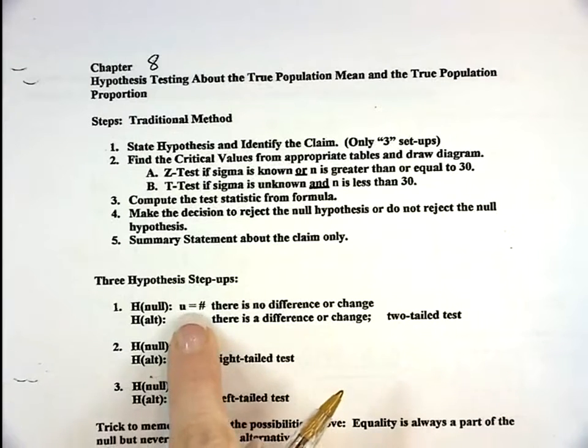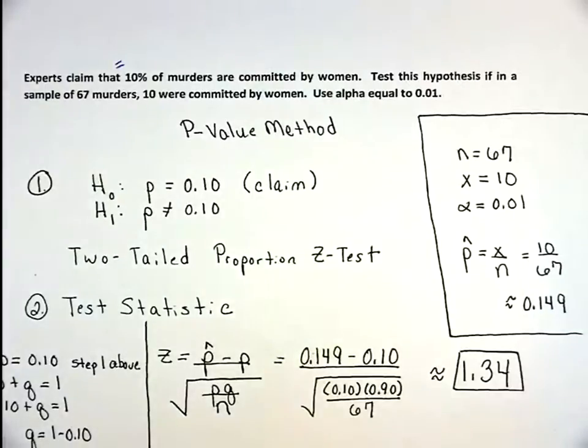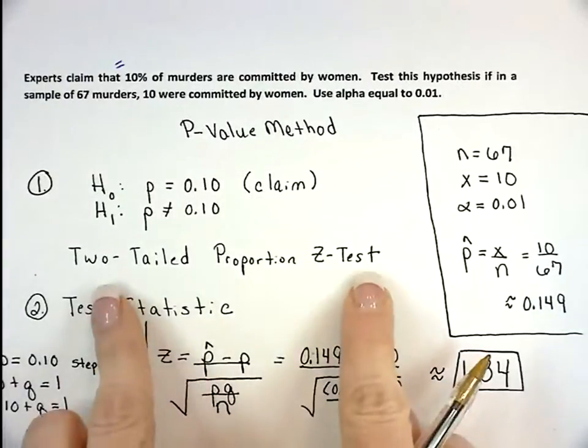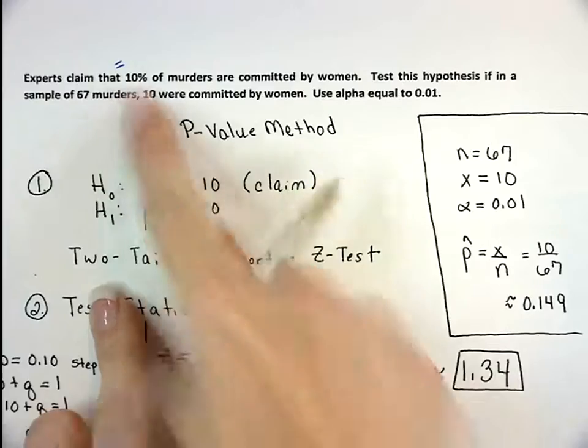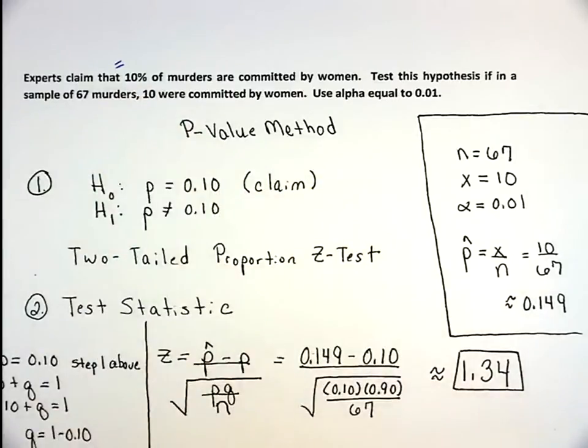The null says exactly equal to 10%, and the alternative, therefore, would be not equal to 10%. And so it's a two-tailed proportion z-test, and the claim is the null. That's what we're testing, that exactly 10% of murders are committed by women. It didn't say less than 10% or greater than 10%, or at most 10%, or at least 10%.